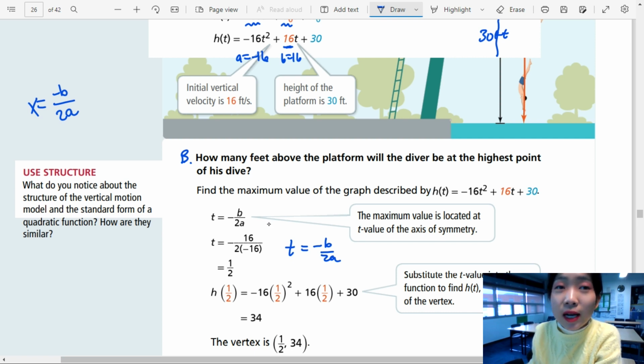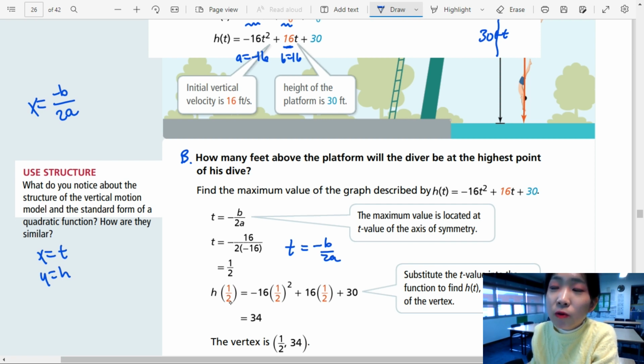But why do we figure out x first? So that we can figure out the value of y of your vertex. So once you figure out the value of t, you're going to plug that in into your equation. In this vertical velocity model, your x is t and your y is h, okay?